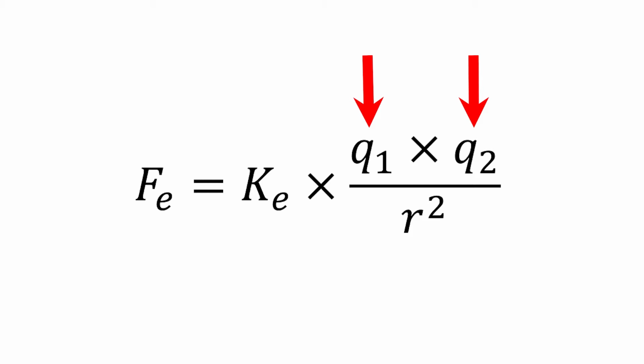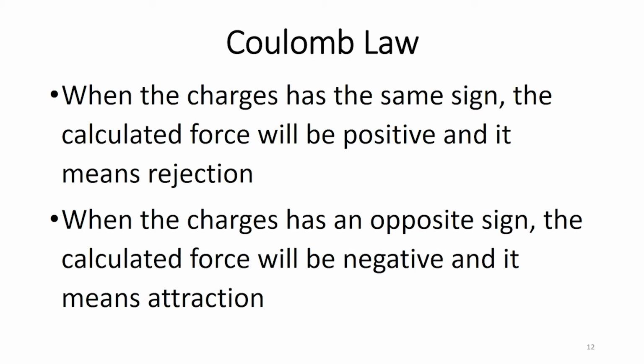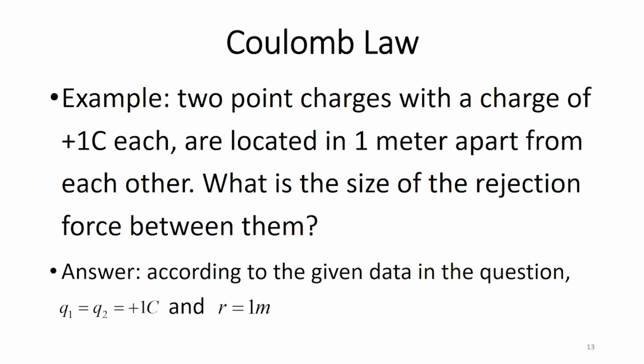Q1 and Q2 are point charges in units of Coulomb that the electrostatic force acts upon. R is the distance between charges in meters. When the charges have the same sign, the calculated force will be positive and it means repulsion. When the charges have opposite signs, the calculated force will be negative and it means attraction.